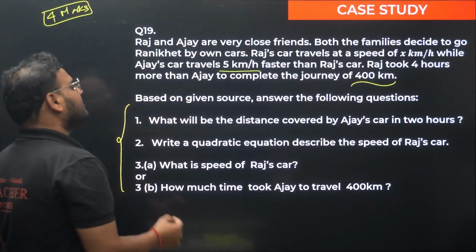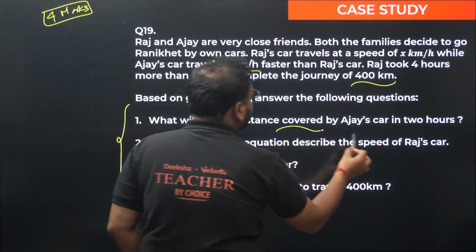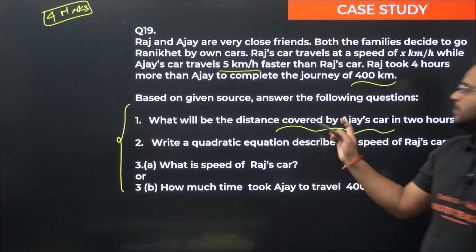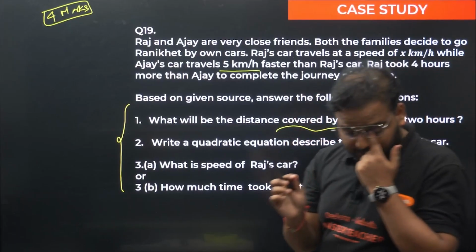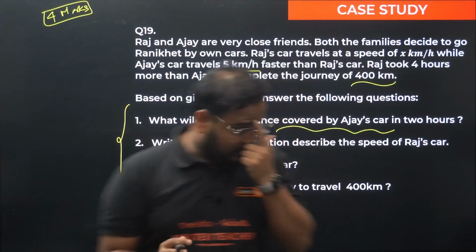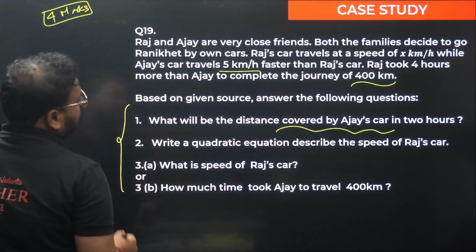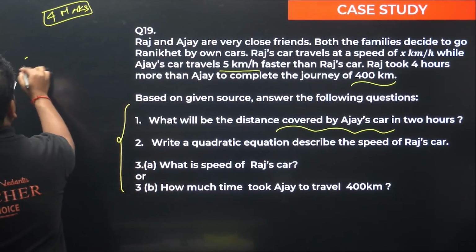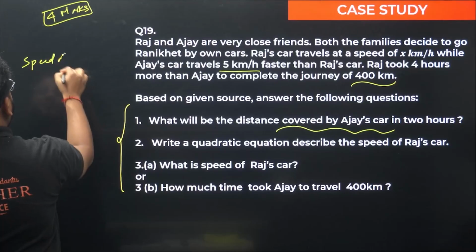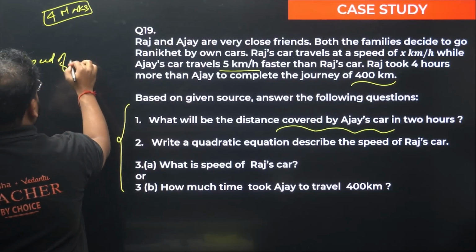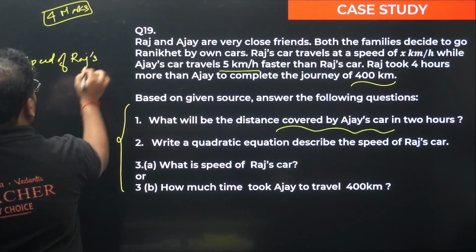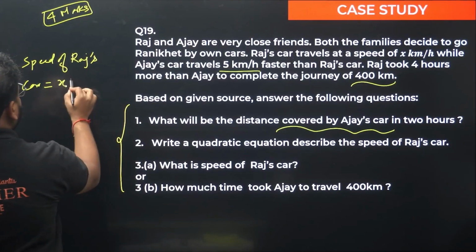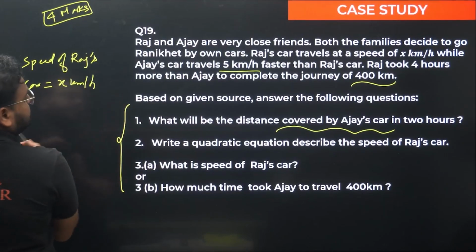So understand this very clearly. Over here, they are not asking you the final answer. They are asking you simply in the form of the equations. So how do you solve that? Please check. First part. Speed of Raj's car is x kilometers per hour.